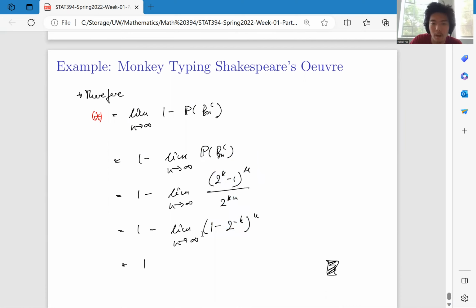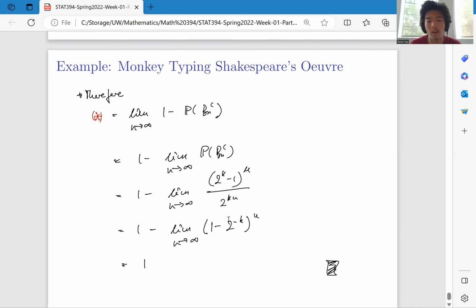This needs a little bit of algebra to calculate. Finally, we can take n out and find it's actually 1 minus this term, 2 to the power of negative k, to the power of n. Because k is a positive number, 2 to the power of negative k is a positive number smaller than 1.